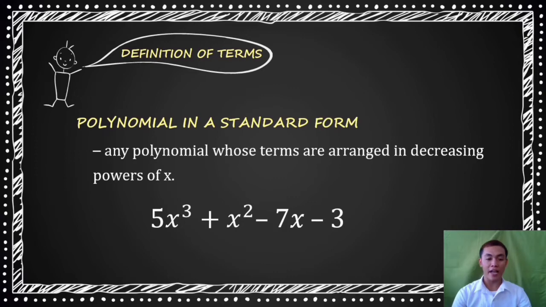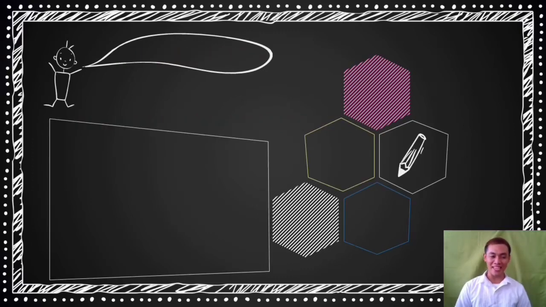For example, 5x cubed plus x squared minus 7x minus 3. As you have observed, the power of x is decreasing from 3, 2, and 1. My dear students, are you ready? Now, let's check by answering the following questions.